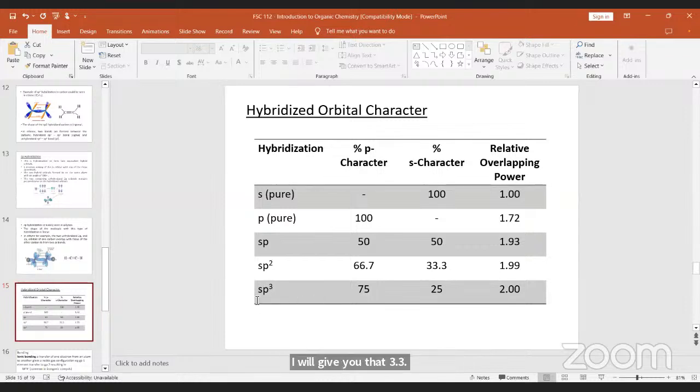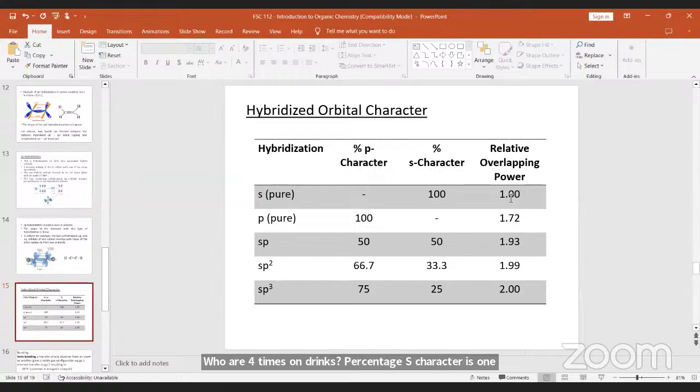And for the sp3 hybridization, you have 4 orbitals there. 1 of the 4 is s, 3 of the 4 is p. Percentage p character is 3/4 times 100. Percentage s character is 1/4 times 100.